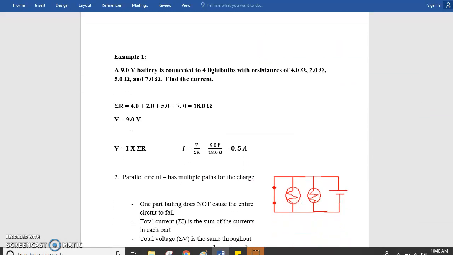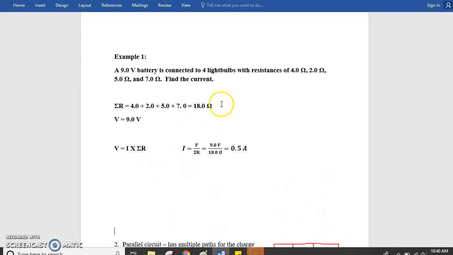So let's say we have an example. A 9-volt battery is connected to 4 light bulbs with resistances of 4, 2, 5, and 7 ohms. Find the current. First we need to find the total resistance. Because it's in series, it's just the sum. 4 plus 2 plus 5 plus 7. 6 plus 5 is 11, plus 7, 18 ohms. And we're told that the voltage is 9 volts. It's a 9-volt battery.